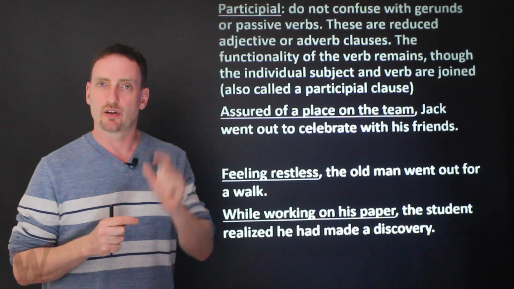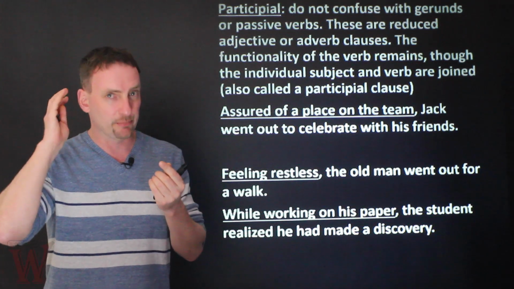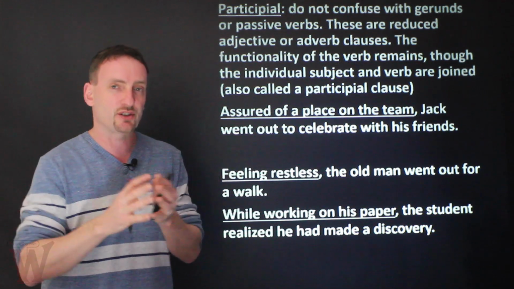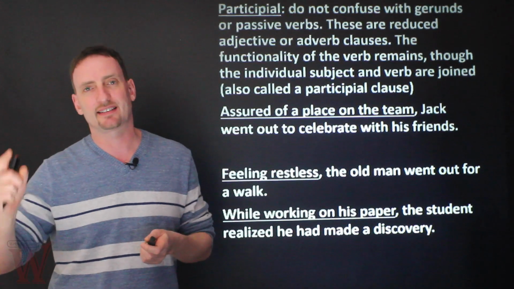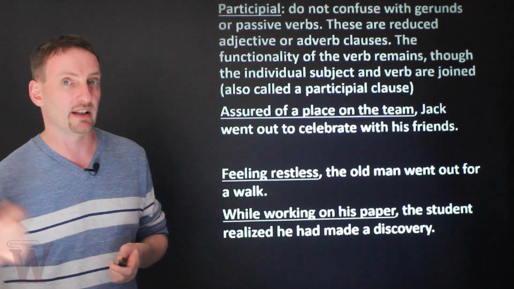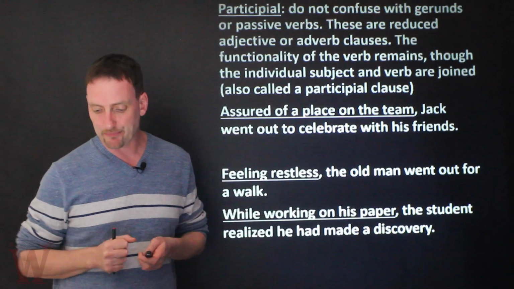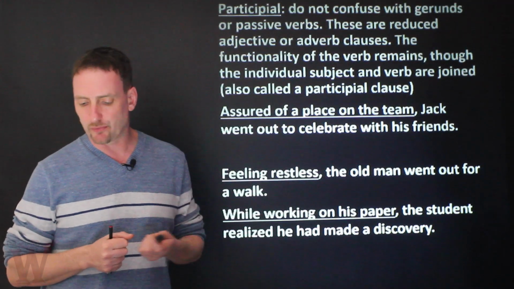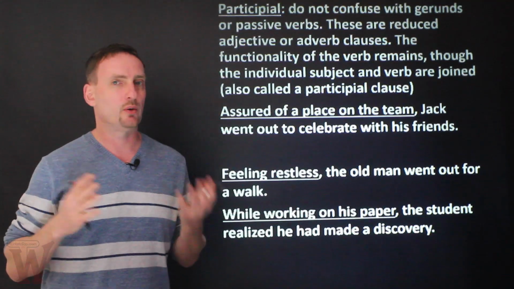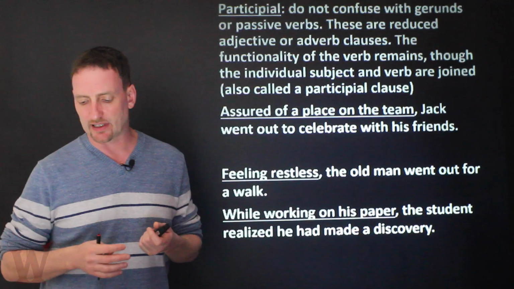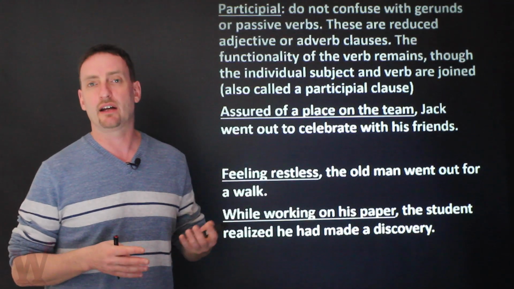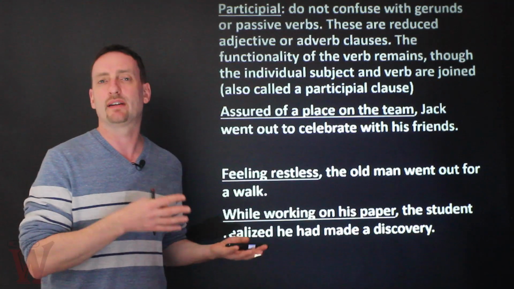The thing to remember, when you have a participle, the implied subject, the subject that got squeezed in with the verb, must still be the same as the subject of the other clause, of the independent clause. Okay? Feeling restless, the old man went out for a walk. Two ways. Because he was feeling restless, the old man went out for a walk. Or the old man who was feeling restless went out for a walk.